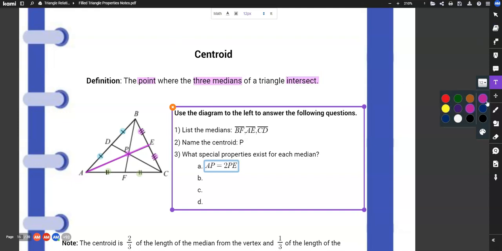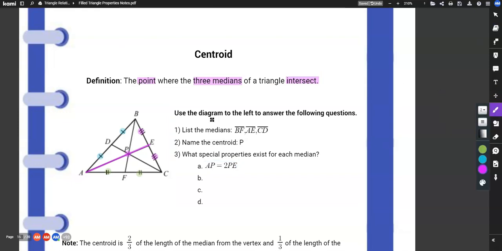So what that means is this segment here, I'm going to highlight it, from P to E is going to be half the length from P to A. So this one here and this one here. So AP is twice the length of PE. So that means BP is twice the length of PF.